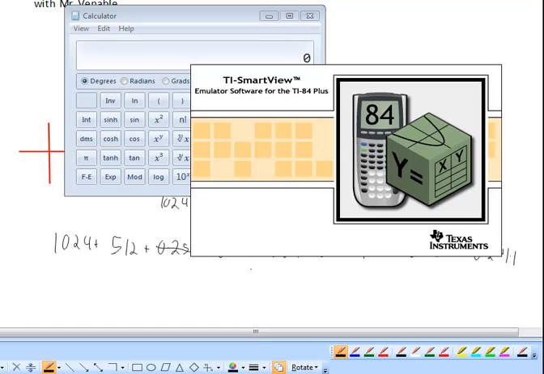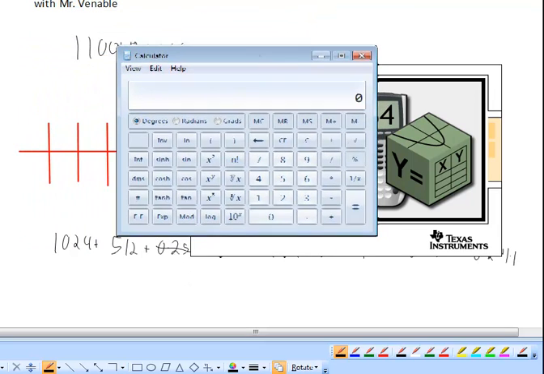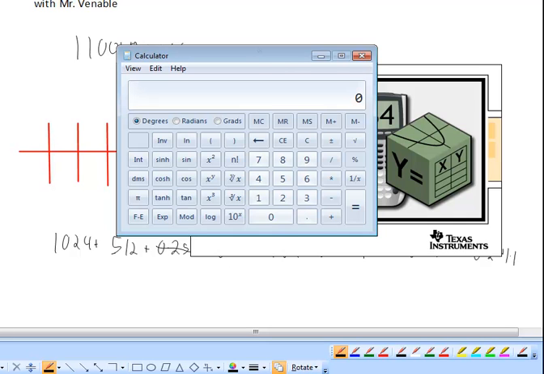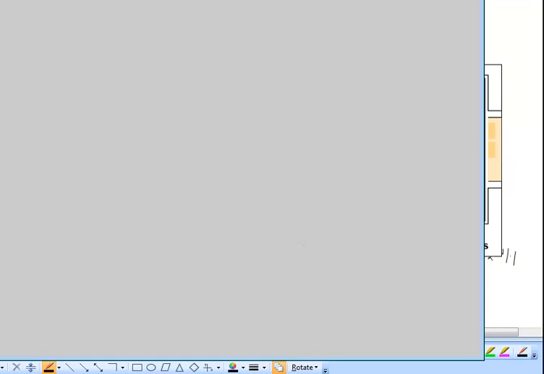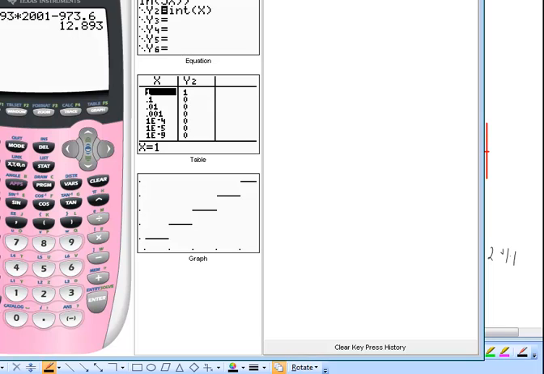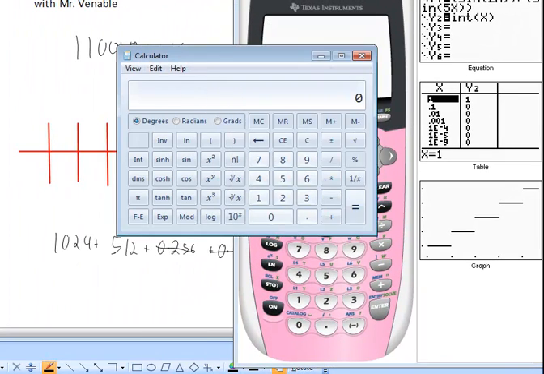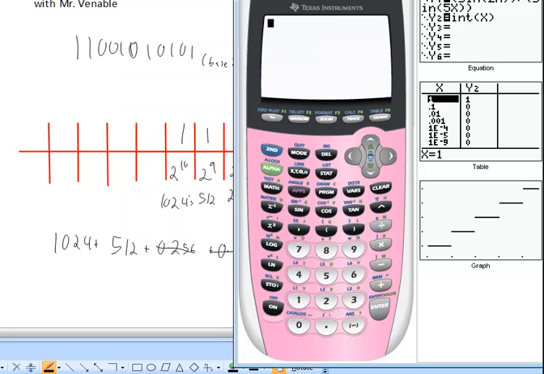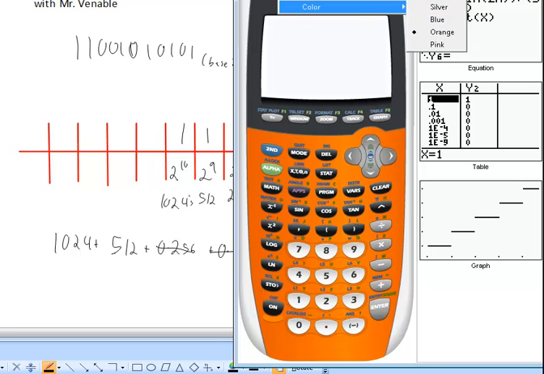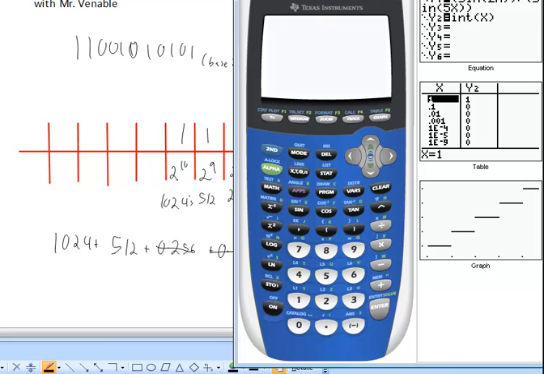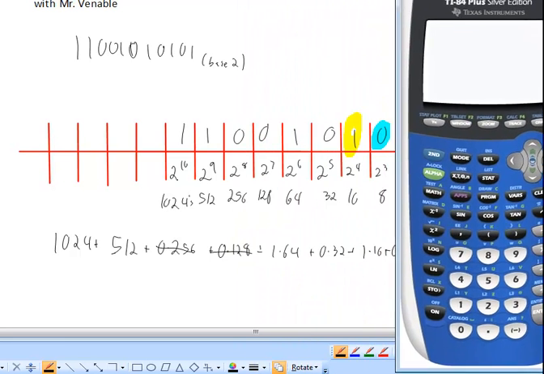It takes a little while to load, and I got my pink calculator here. If you don't like pink, you can make it orange or blue.